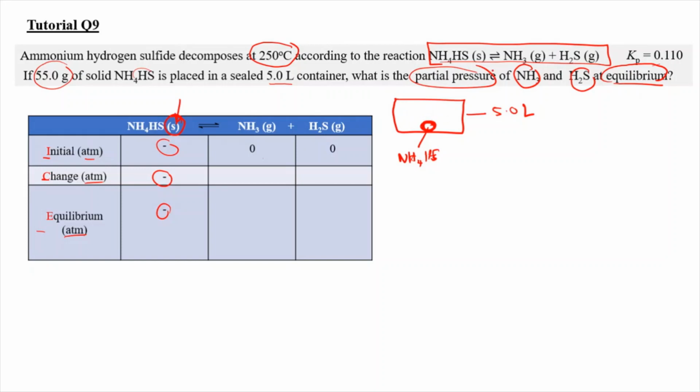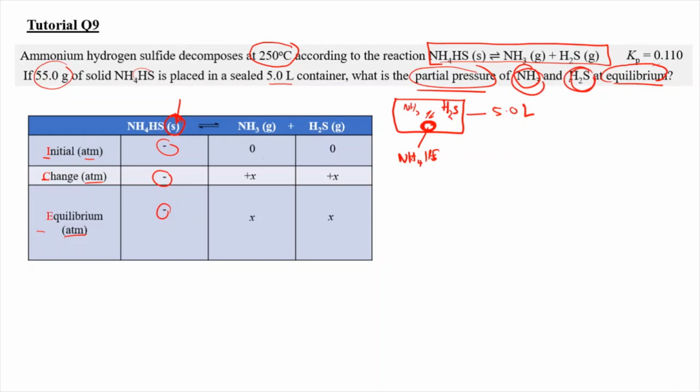NH4HS does not decompose to form gas. So at first, the partial pressure of both ammonia and H2S is going to be 0. But as time goes by, the solid will start to decompose. It starts to produce NH3 and then it starts to produce H2S. So the change here is going to increase by plus X as well as plus X. And then at the end, when it reaches equilibrium, the initial plus the change is going to be X as well as X. Okay, and from here, we need to find the partial pressure of NH3 and H2S.